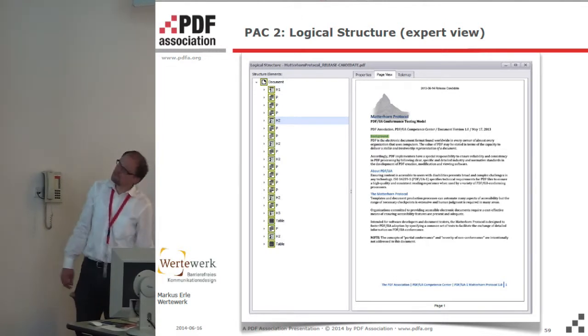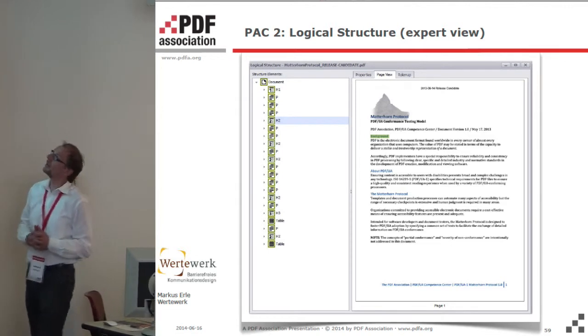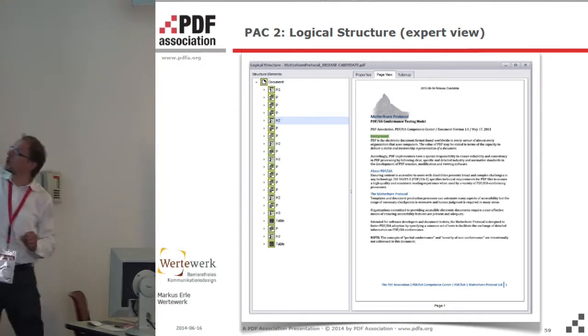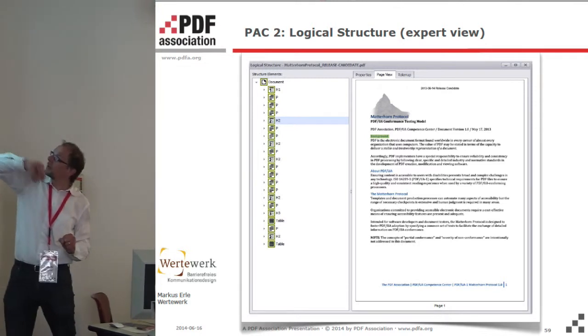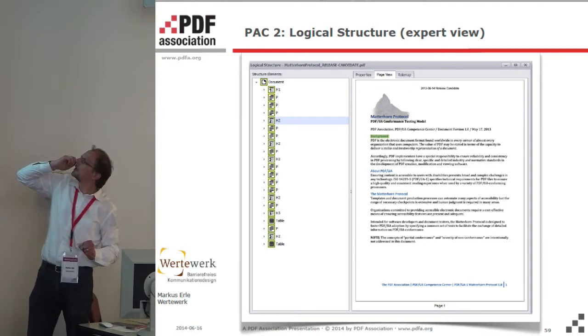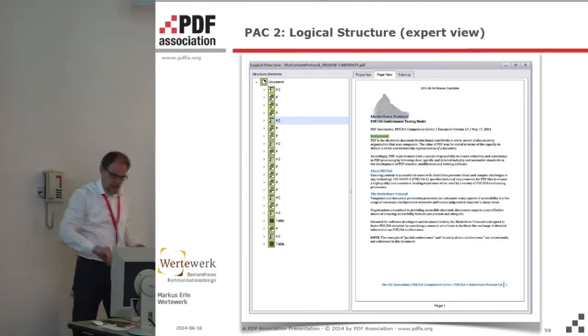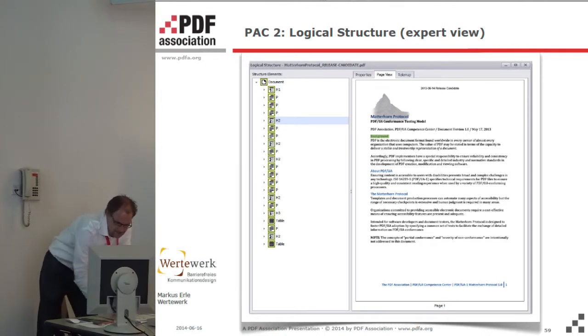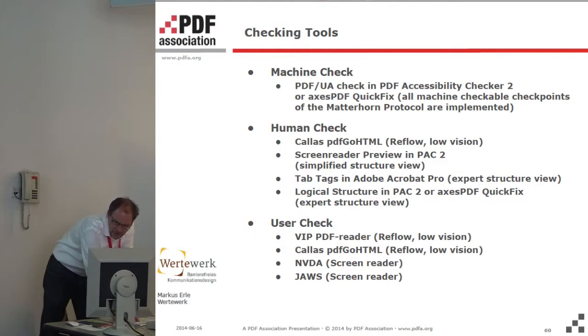This is the expert view. If you want to go deeper into the topic, you have here the complete tag tree, and if you click one tag, the appropriate location in the document will be highlighted. It's also for the human check.